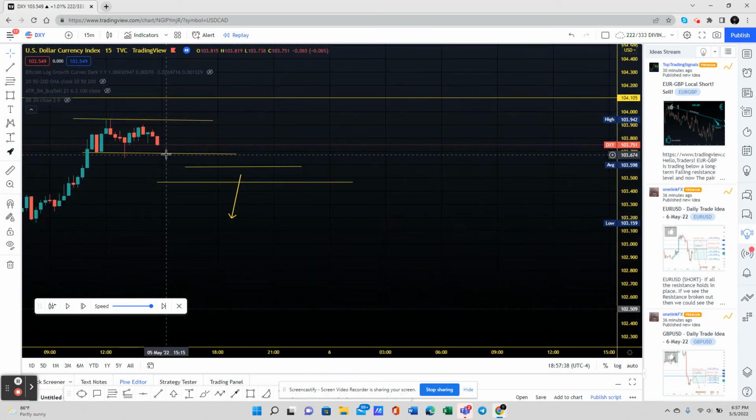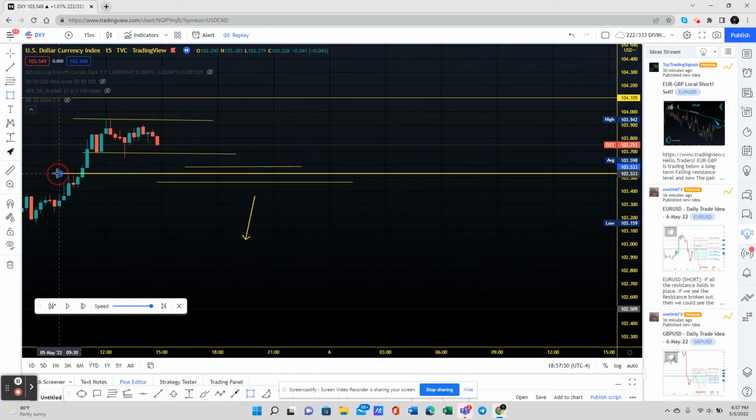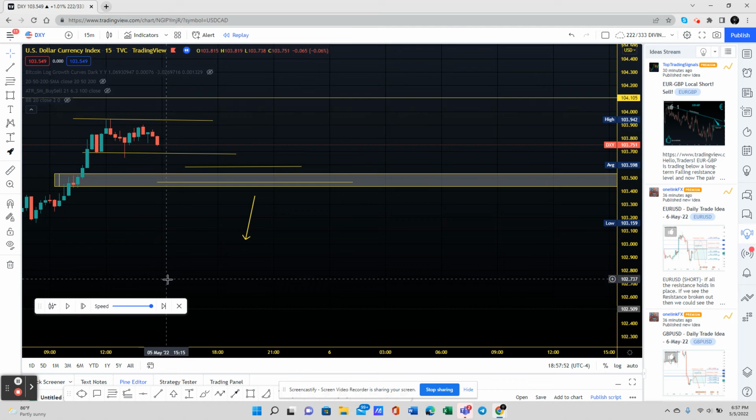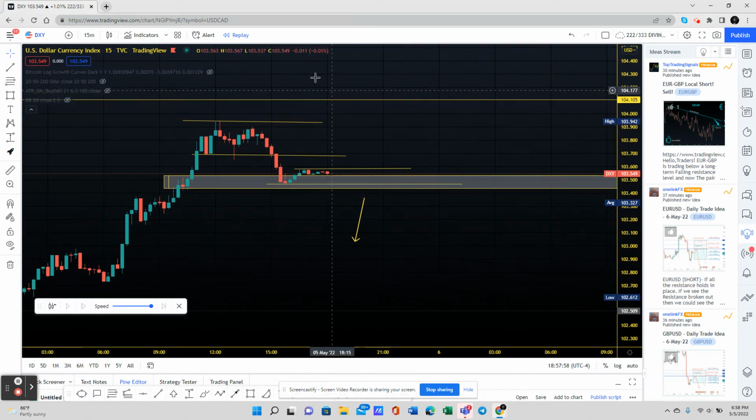If price breaks here, looking to go short, right? And where are you looking? Structure area right here. That's where you would have drawn your box like this, bam, target's hit. So keep it simple on that.